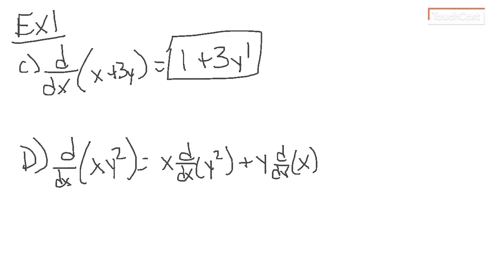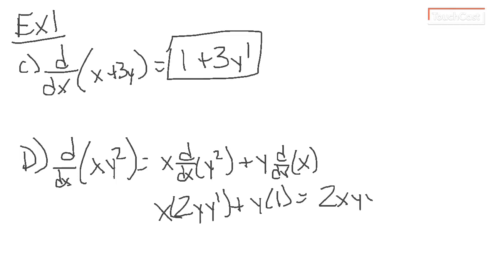So we're going to have x times 2y prime plus y times 1, which means we're going to have 2xy prime plus y. In fact, I forgot to add my power on my y, so these y's should be with powers of 2. I noticed a mistake.